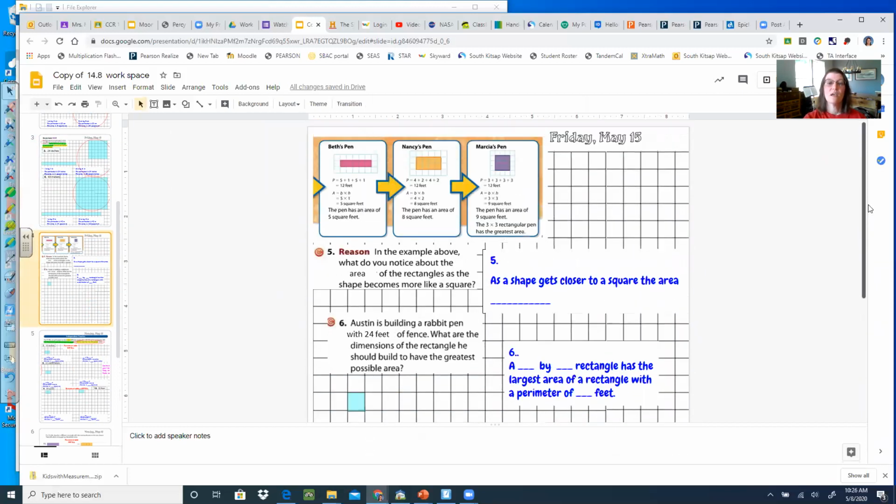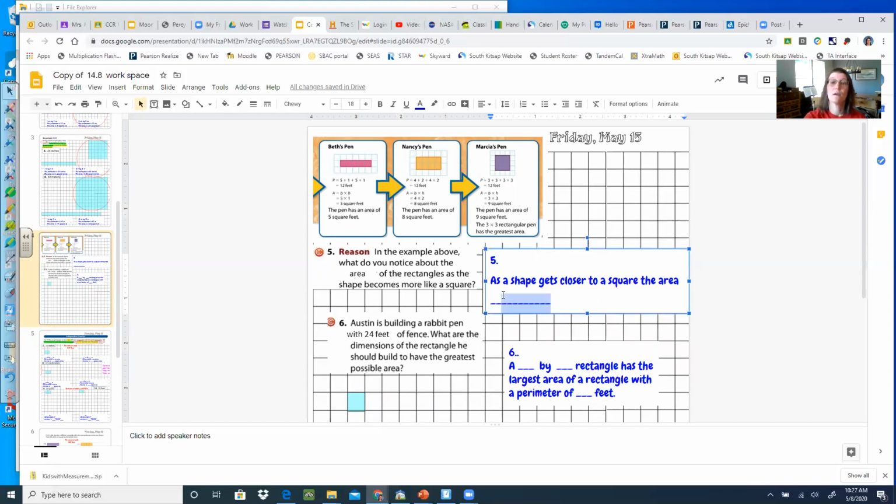Okay, number 5. In the example above, what do you notice about the area of the rectangles as the shape becomes more like a square? So this is one that I had to do some editing on because they had a typo in the book. So if you're like, why does the font look different? That's why. Okay, as the shape gets closer to a square, the area, we're going to say, gets bigger.